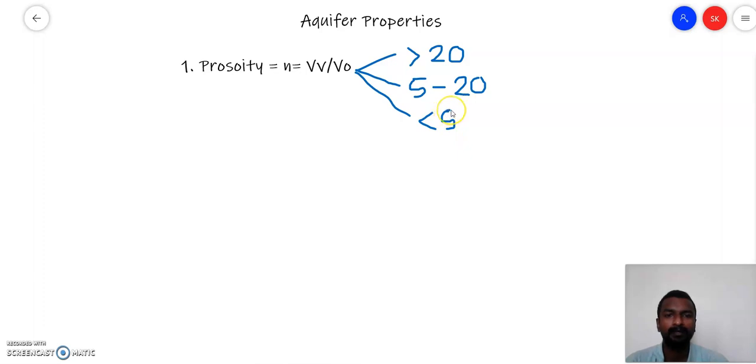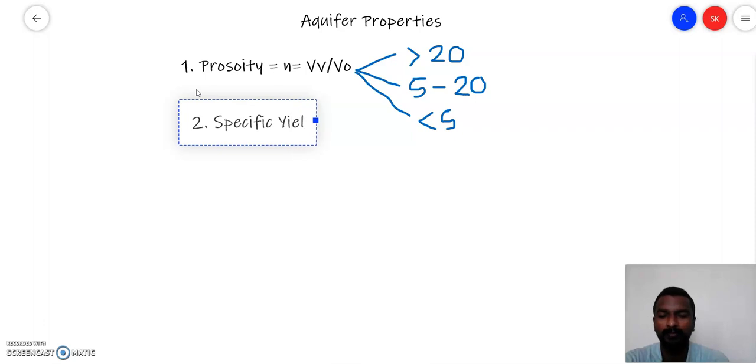The second property we can say is specific yield. The specific yield is something different than porosity, but it is related to the porosity. So how can we define it, or what is meant by specific yield? Basically, when we see the porosity, that is a porous space where water can be stored.